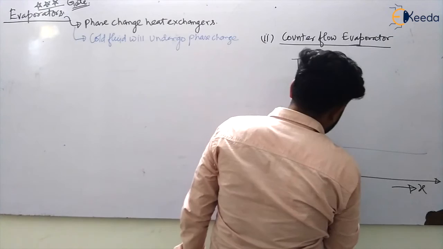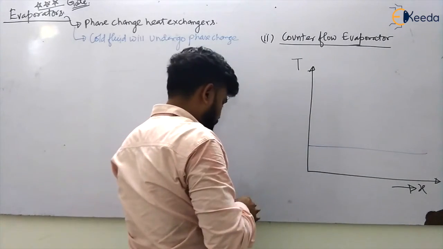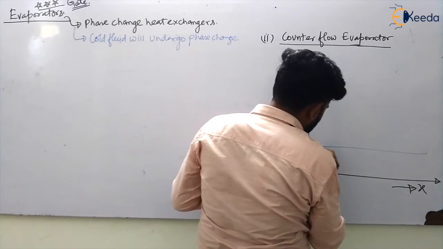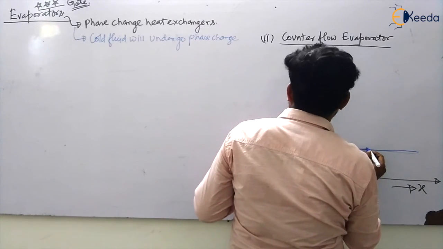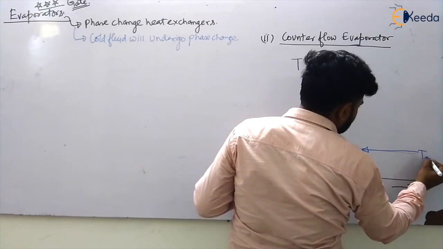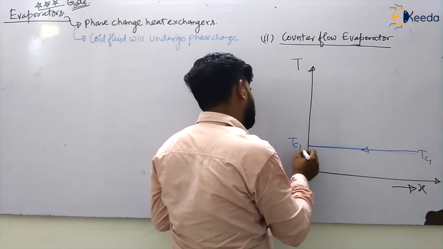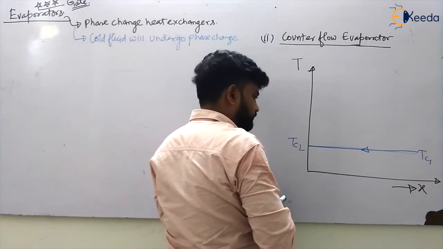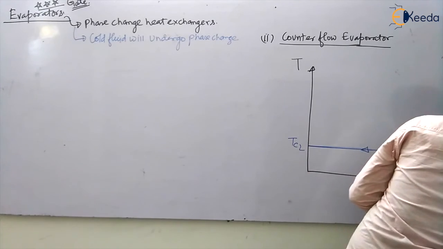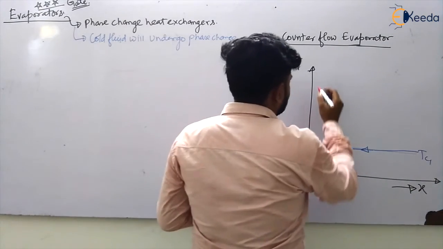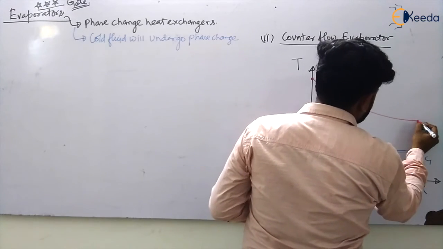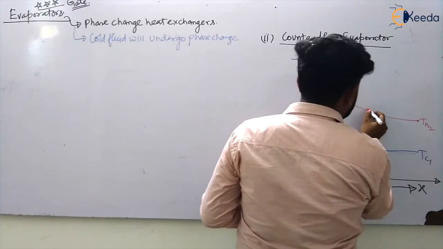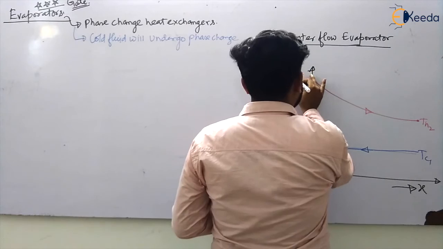So let us take this is your cold fluid, my dear students, that is entering. I am talking about a counter flow. This will be your TC1 this side, this will be your TC2 this side, and that is your hot fluid. In this direction, this is your TH2, this is your TH1.